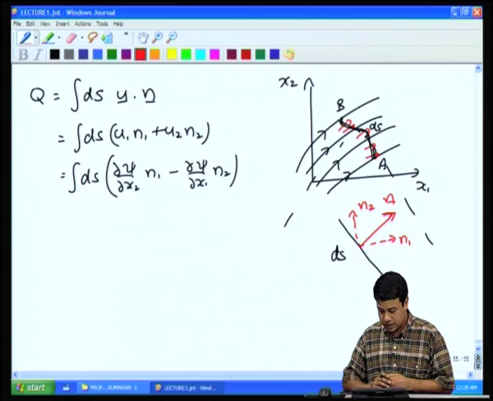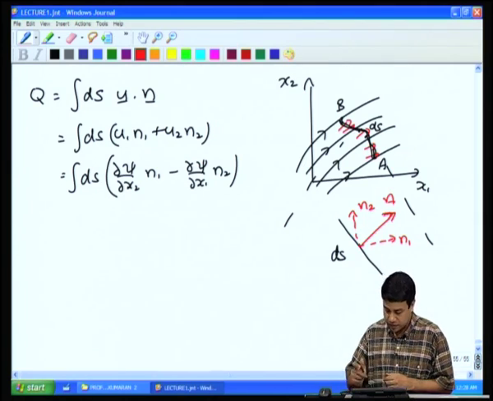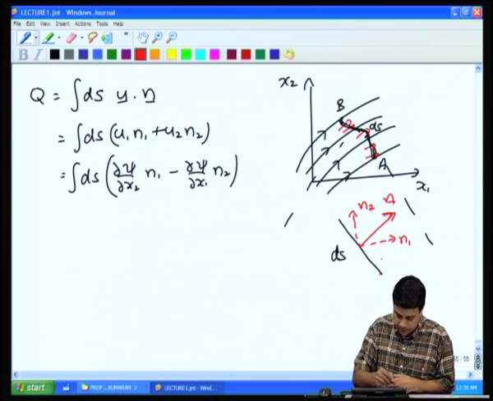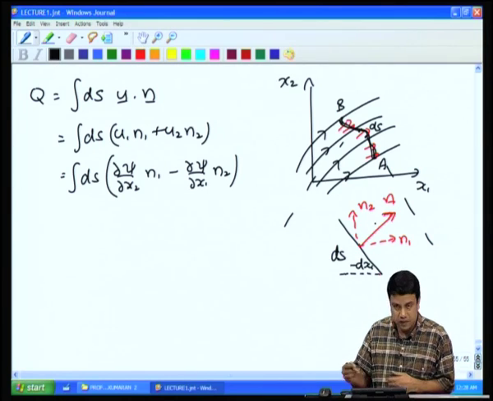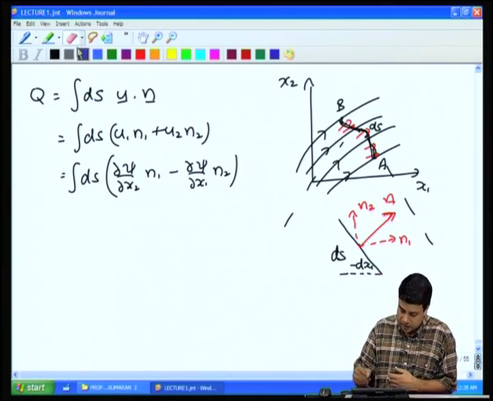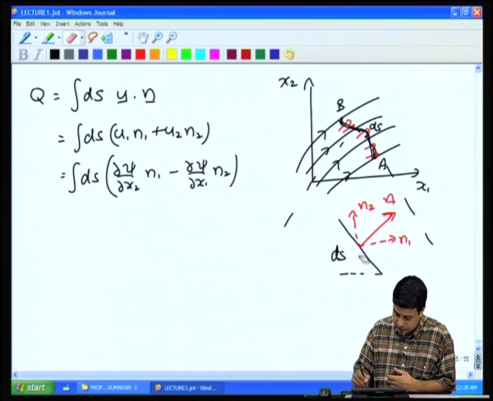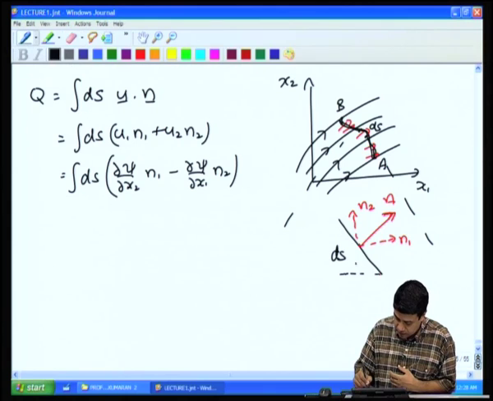This ds represents a change in x1 and an increase in x2. There is a displacement along the x1 direction of minus dx1, because it is going in the negative direction, so dx1 is negative. And then there is a displacement in the x2 direction, dx2.